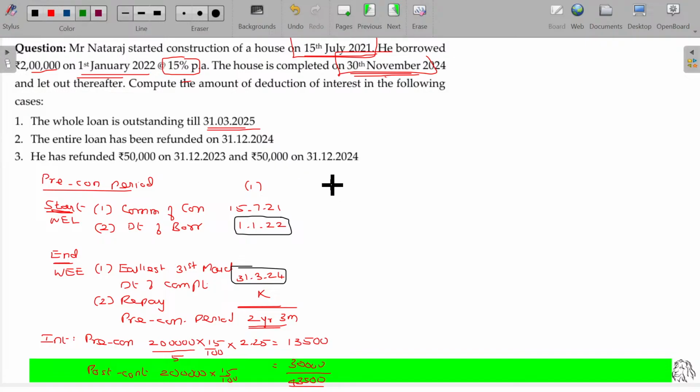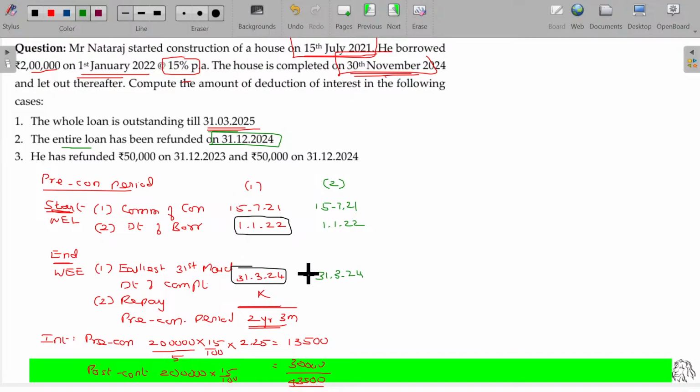Let's go for the second scenario. If the entire loan has been refunded on 31st December 24. Now what happens here? Commencement being 15/7/21, date of borrowing 1/1/22, and this one is also the same, 31/3/24.